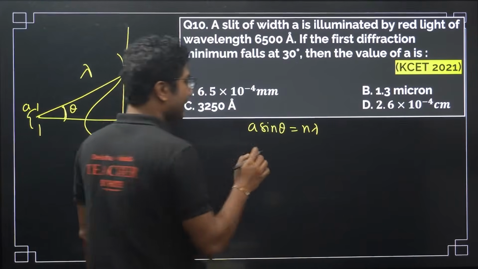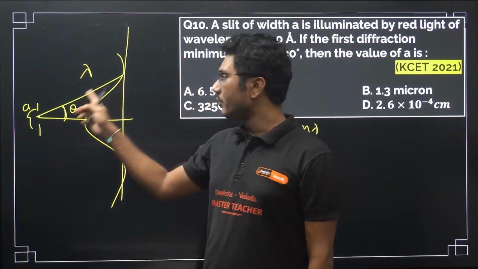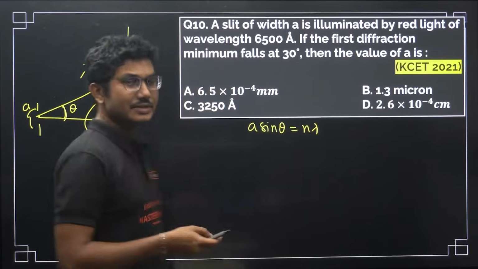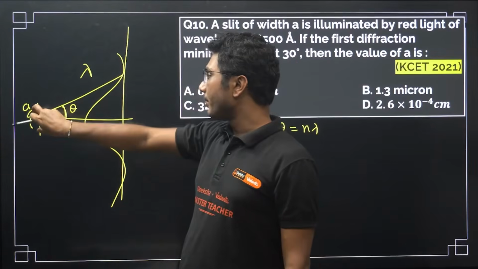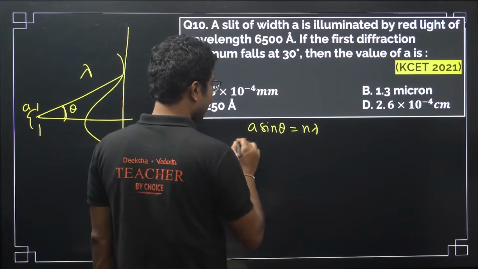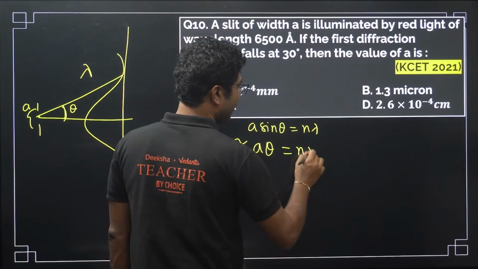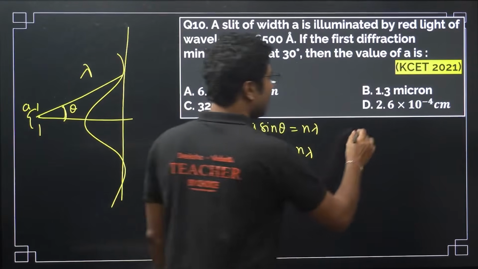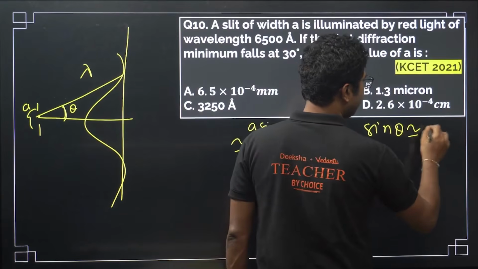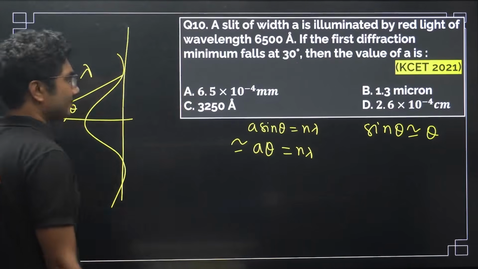For most practical purposes, theta is very, very small, because this distance is very large compared to this width, so we can approximate this as a theta equals n lambda, because sin theta for small theta is equal to theta, and theta is in radians.